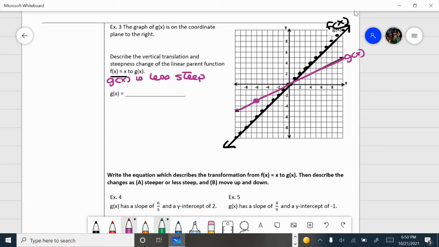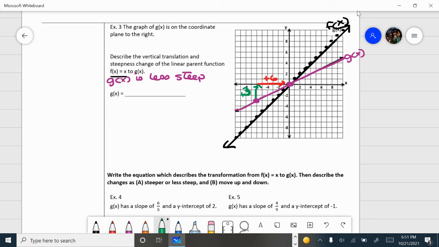We can pick any 2 points we want. So I'm going to pick this point and this point, the origin and that -6, -3 point. When we look at our rise, we're going up 3. And for our run, from -6 to 0, we're going 6 in a positive direction, 6 to the right.